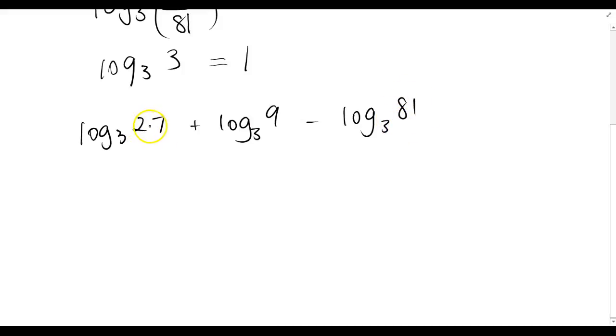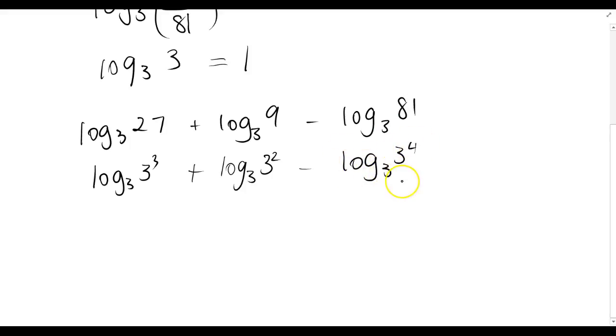I know 27, for instance, is 3 times 3 times 3, 3 cubed, so I can rewrite that as log to base 3 of 3 cubed. 9 is 3 squared, so that is going to be log base 3, 3 squared, and then 81 is 3 to the power of 4, so that's going to be log base 3, 3 to the 4.